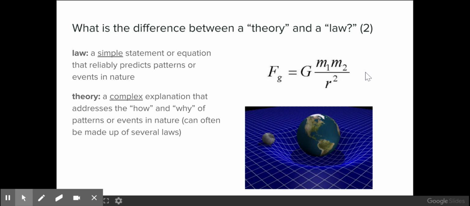On the other hand, Einstein's theory of relativity predicts that there is this fabric that everything floats around in called space-time, which is governed by his complicated math equations, and then there's these pictures that show how space-time bends. That would be a theory, because that theory is built on several simpler ideas and facts of nature.